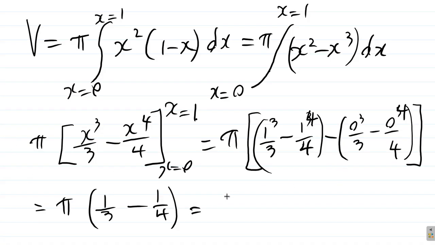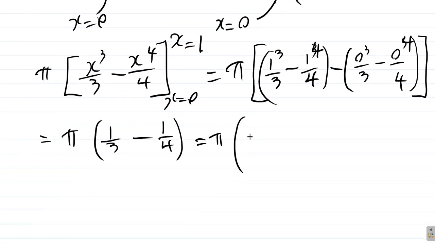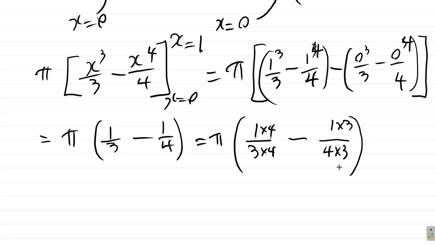So in this case it's pi times, and then we do some fractions here. This is 1/3, and we want common denominators. If we multiply top and bottom of this by 4, so that we have 12 under the bottom, minus, and then for a quarter we want another 12 under here, so we multiply 4 by 3, and we multiply the top up here by 3 too.